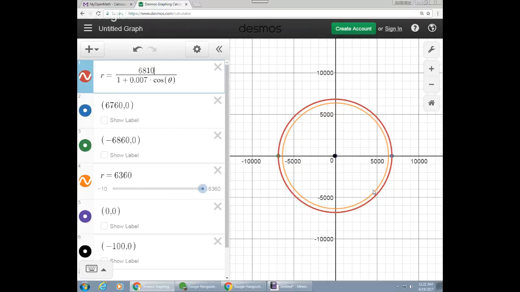So polar is good for things involving angle, like rotations. So if we need to do some kind of rotational thing with the problem, we should be in polar. If we need to shift left, right, up, down, perpendicular motion, then it's better to have rectangular. And so usually for this kind of thing, we're more concerned about rotations, and so polar is really the better way to go for a problem like this.